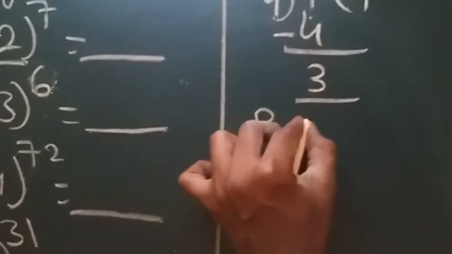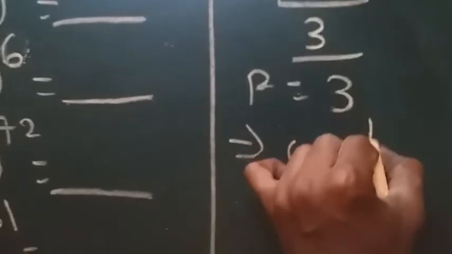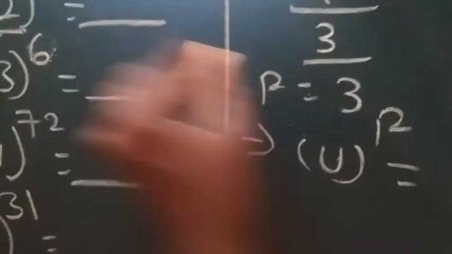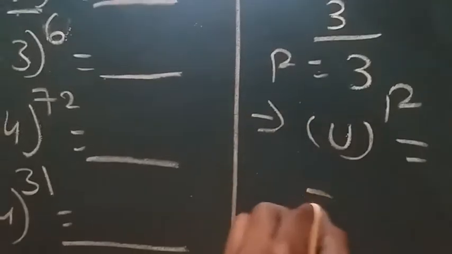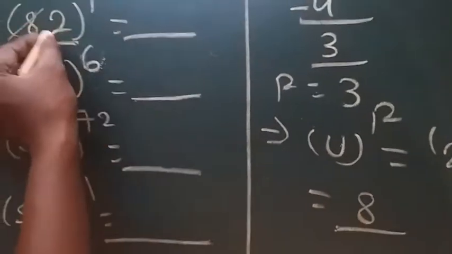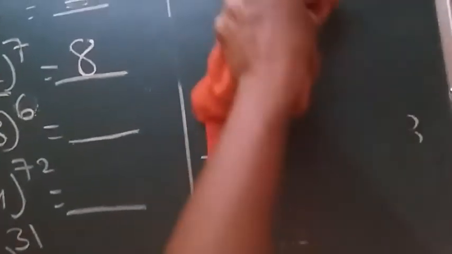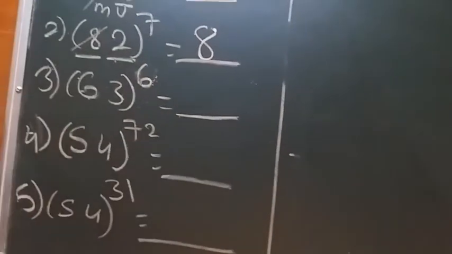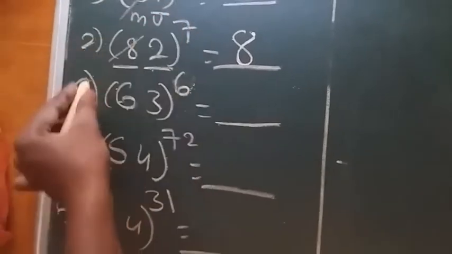Here the remainder is 3 and the next step is to calculate u power r. Here u is 2, 2 power 3: 2 twos are 4, 4 twos are 8. Here the units place will be 8. I hope you understood how to calculate the units place for the second question, 32 whole power 7.